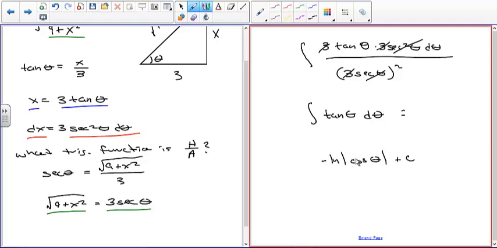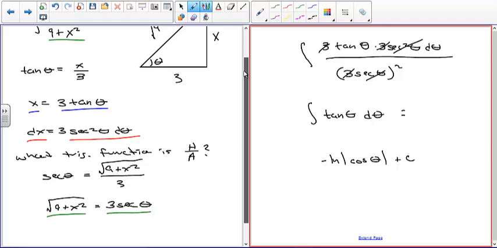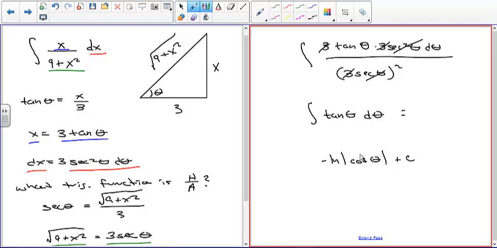Now, to make the substitution, I need to know what the cosine of theta is from my original triangle, which I haven't done yet. So sometimes you have to go back and figure out what you need based upon the original triangle. So the cosine of theta is the adjacent over the hypotenuse. So the adjacent is 3, and the hypotenuse is, it's the other way around.